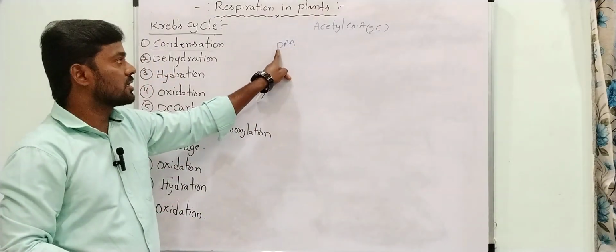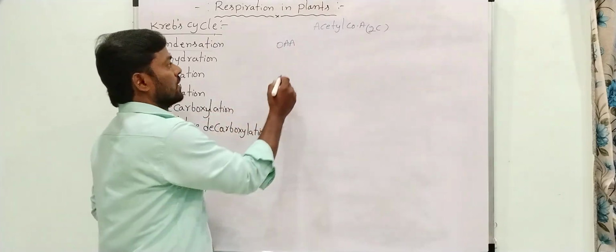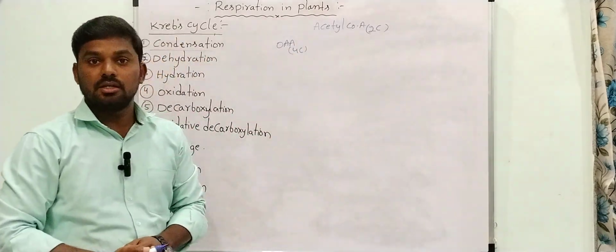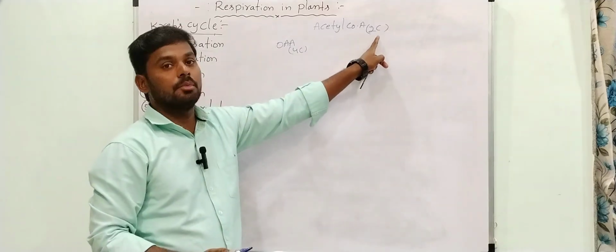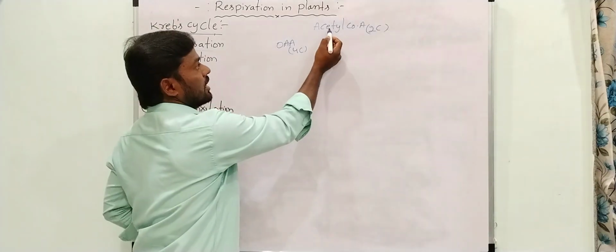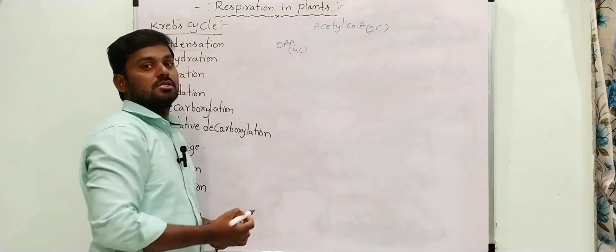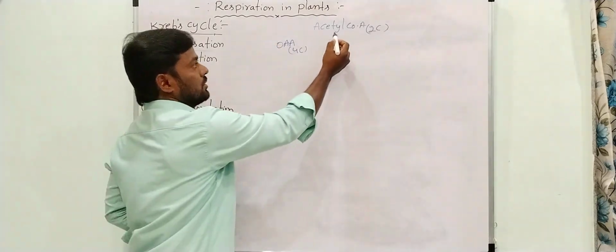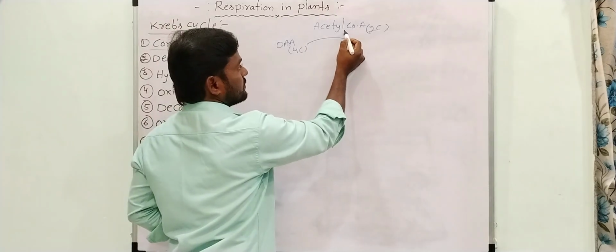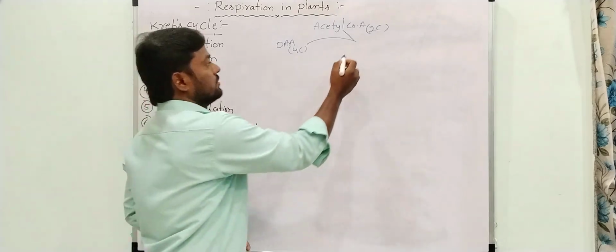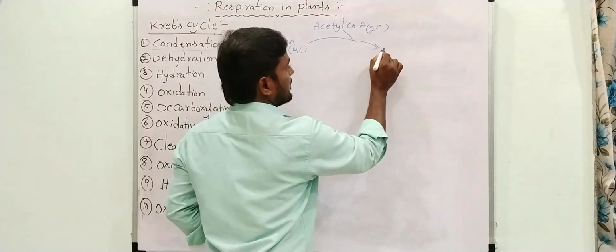OAA means oxaloacetic acid, a 4 carbon compound. So acetyl coenzyme A condenses with oxaloacetic acid to form citric acid.